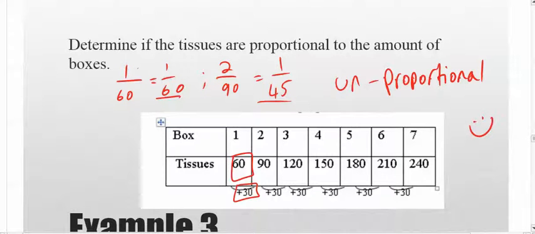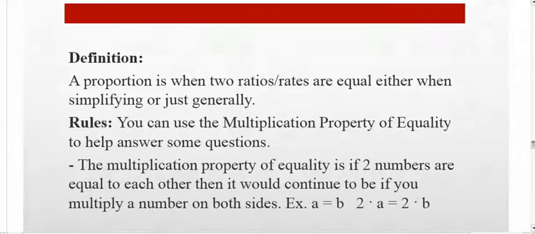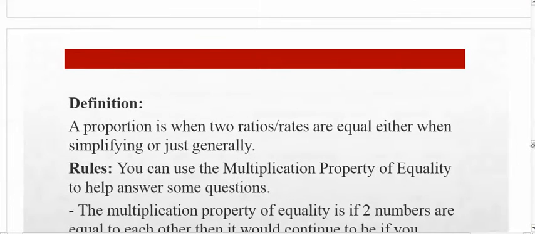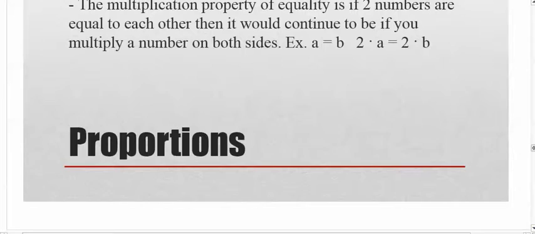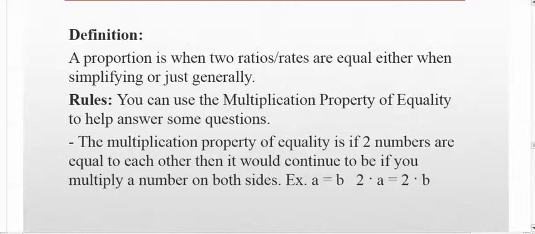Okay, so the next set we're going to do is proportions. A proportion is when two ratios or rates are equal, either when simplifying or just generally. So you can use the multiplication property of equality to help answer some questions.